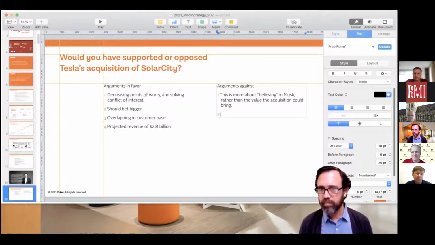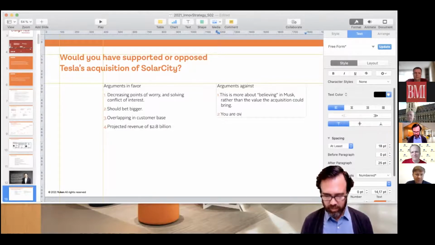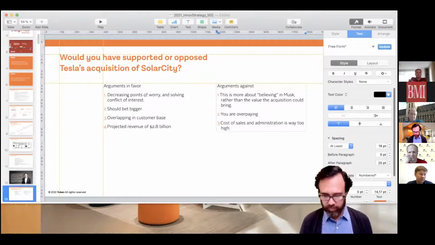You're just overpaying. Okay. Overpaying, yeah. The cost of sales and administration was too high, 42% bigger than the revenue. Okay. So you need a financing solution.